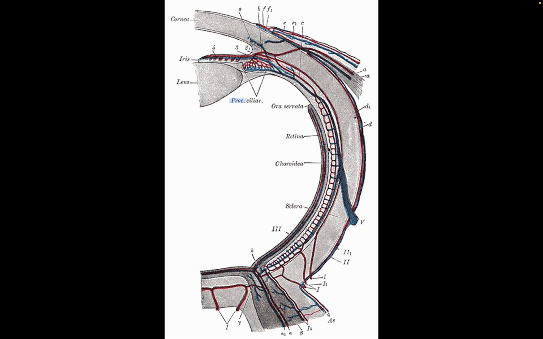The choriocapillaries, as you can see in this picture, remain inside the choroid and do not branch into the retina like the central retinal artery does.